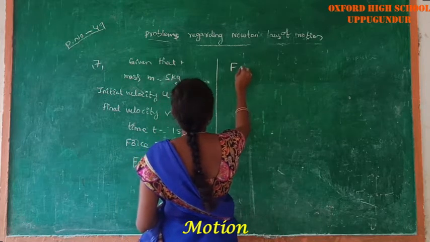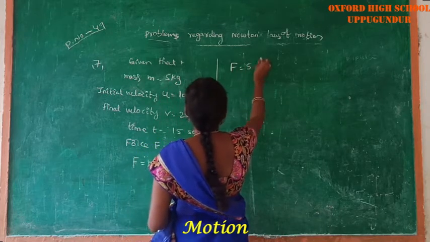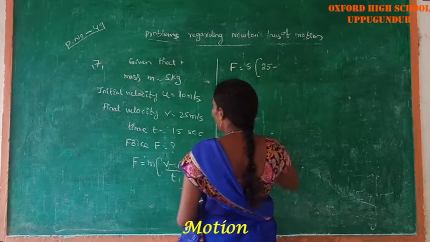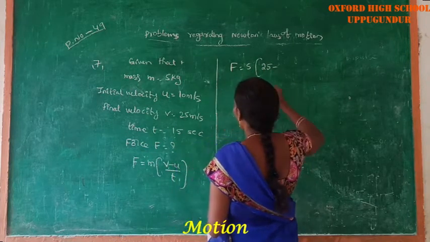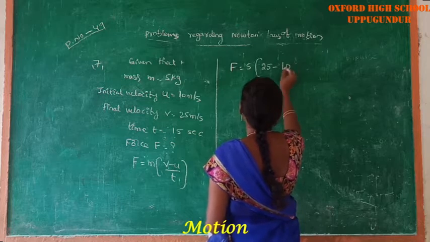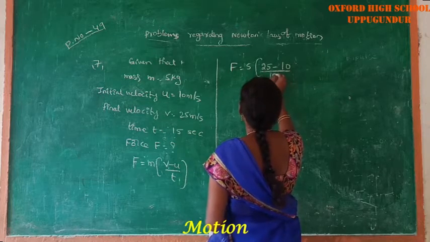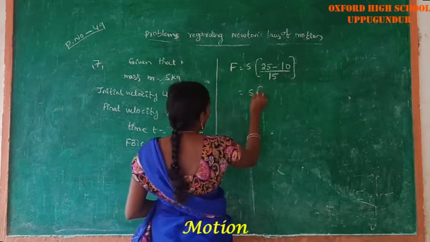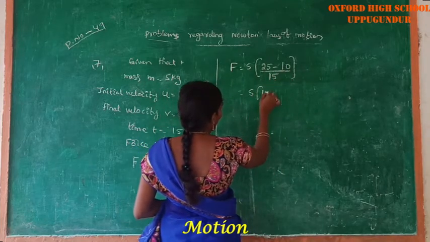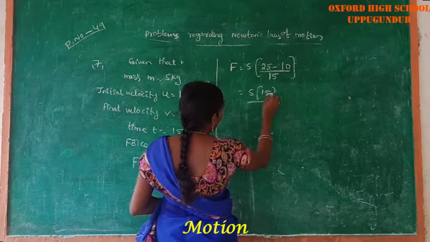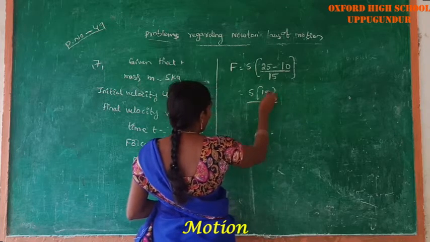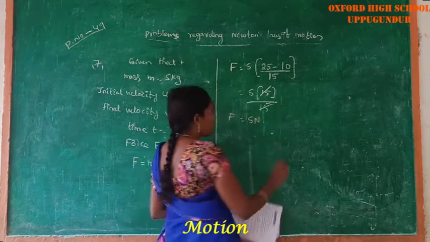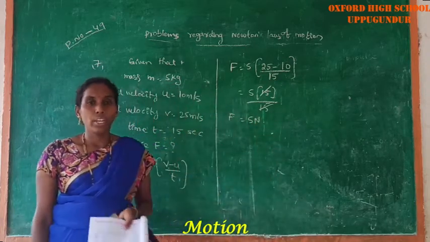F is equal to m, which is 5 kg, into v, 25 meter per second, minus u, 10 meter per second, by time 15 seconds. Here 5 into 15 by 15, the 15 gets cancelled. Force F is equal to 5 newtons.